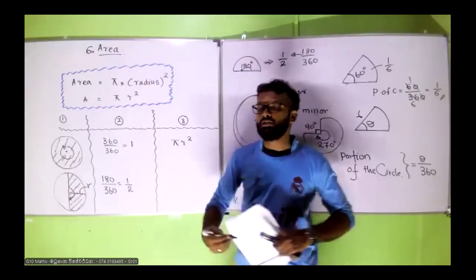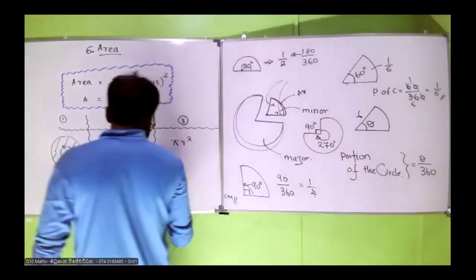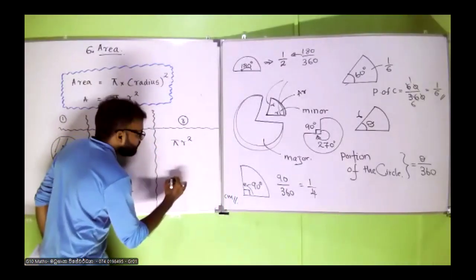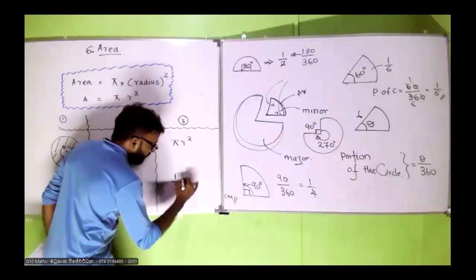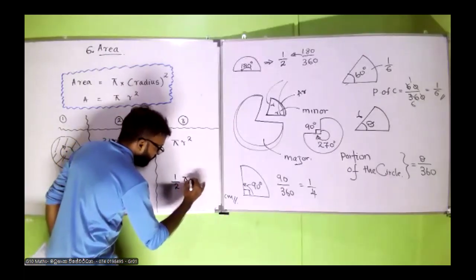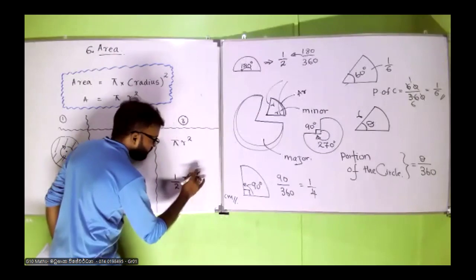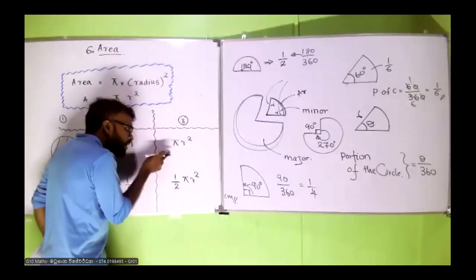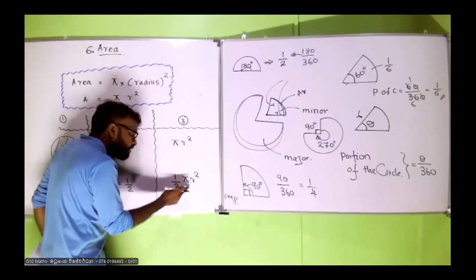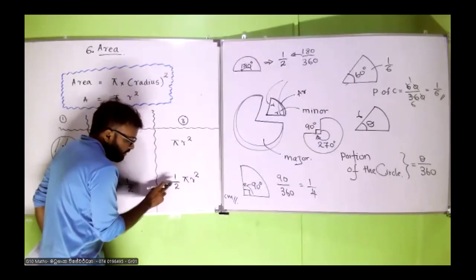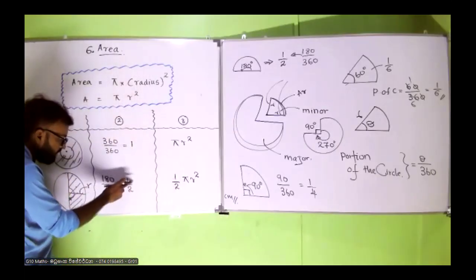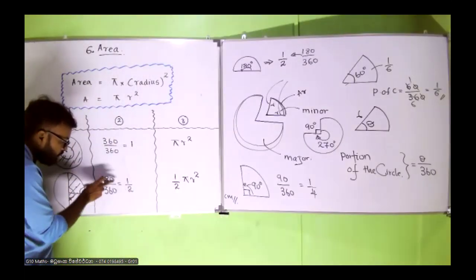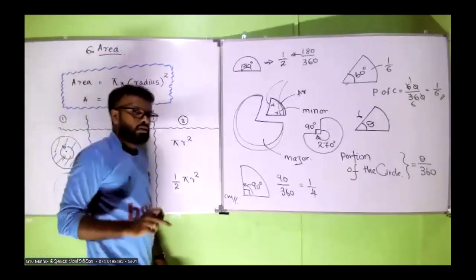So that means half into πr squared. This is the area of a full circle, and we have taken the half of it. This half represents the portion of the circle.